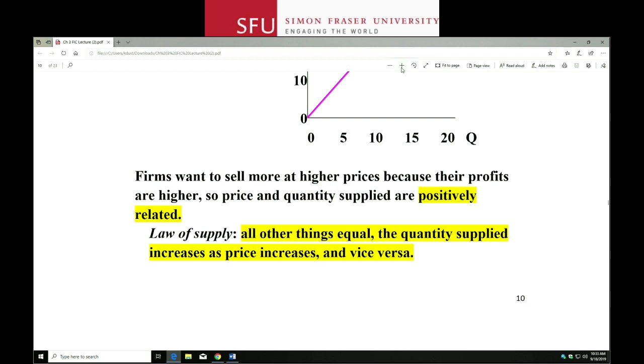So all other things equal, quantity supplied increases as price increases. And again, we have to start with that assumption that ceteris paribus, all other things equal, because there are other things that will influence how much a seller wants to sell. We'll talk about that in a few minutes.